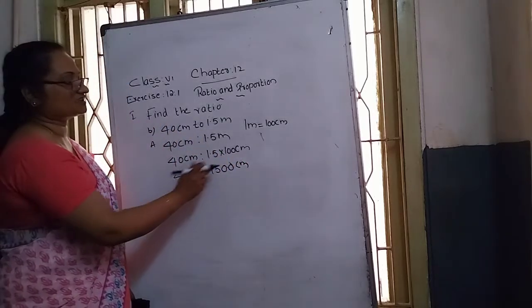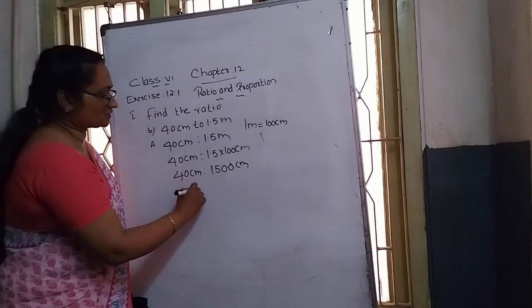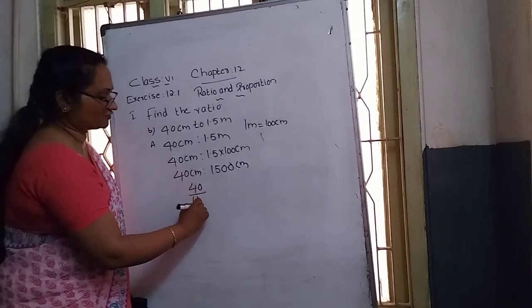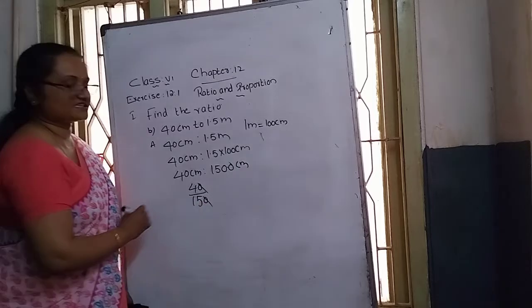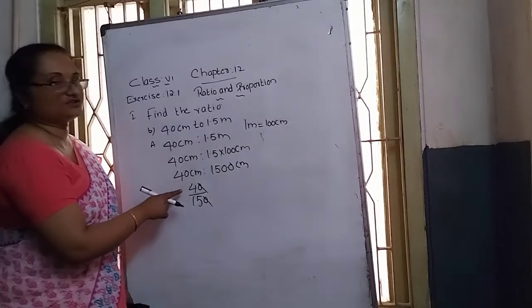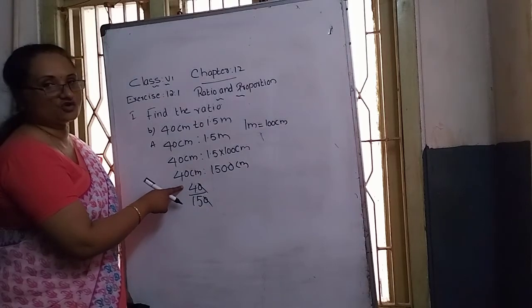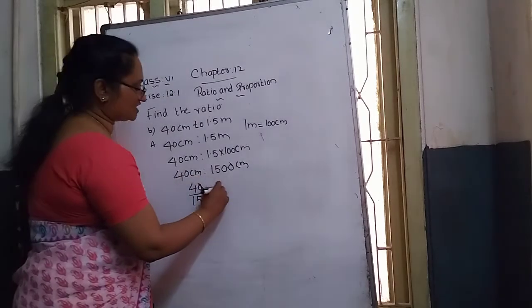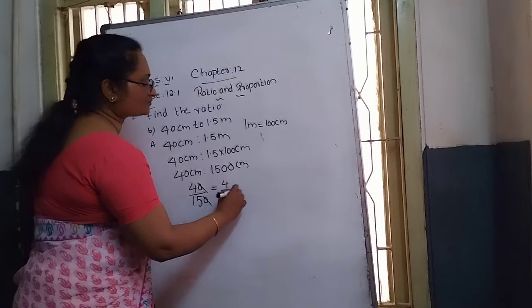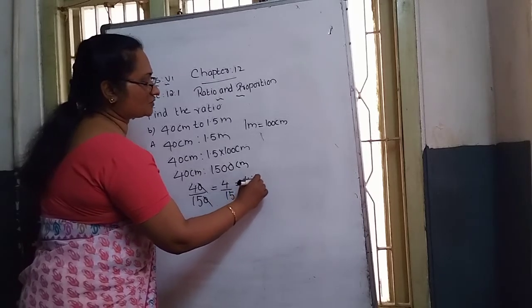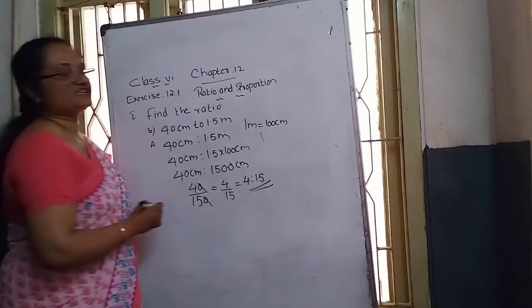Both are in centimeter, so we leave the units. Next, write in fractional form: 40 by 150. Cancel the zeros. 2 table, 15 not there; 5 table, 4 table not possible. So we can write it as 4 by 15. The answer is 4 is to 15.